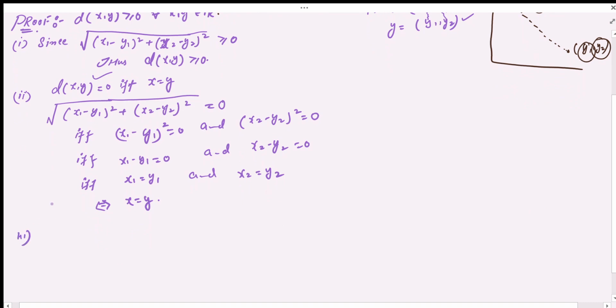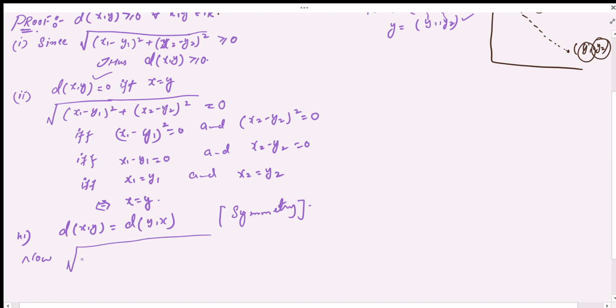Coming to the third condition, we need to show that d(x, y) is equal to d(y, x). What I am using here is the concept of symmetry to prove this. Now d(x, y) is equal to the square root of (x1 minus y1) whole square plus (x2 minus y2) whole square.